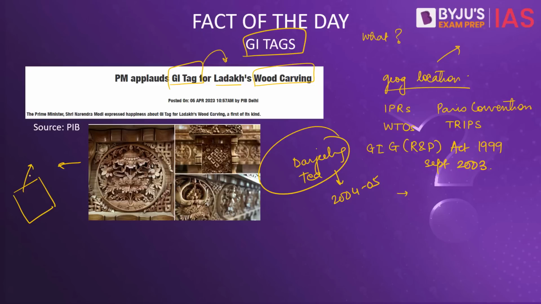So the producers are assured that their products will not get imitated elsewhere. Also, the consumers get the assurance that they are getting a quality product of desired traits and assured authenticity. This helps in increasing the economic prosperity of the producers of these goods by enhancing their demand not just at the national but also at the international level.